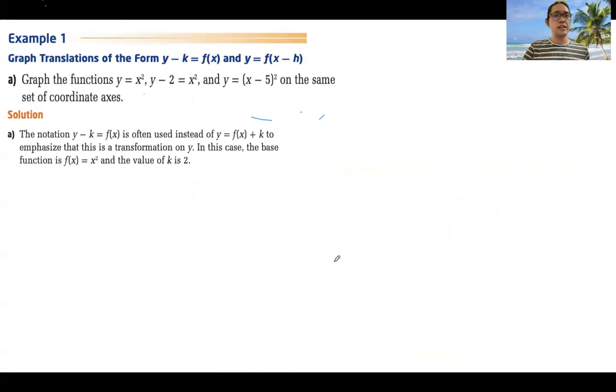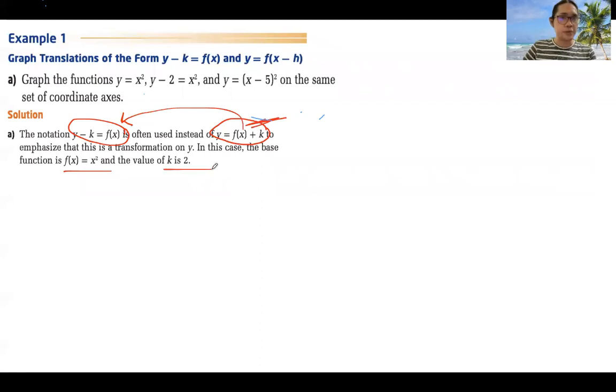Now the solution. The notation y - k, remember, for vertical, is often used instead of y = f(x) + k. I guess this is better than this form, but it's up to you which one you are comfortable using. This emphasizes that this is a transformation in y. In this case the base function is f(x) = x², and you have to identify your k.